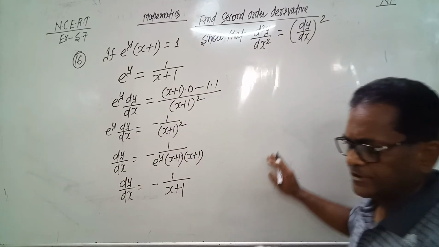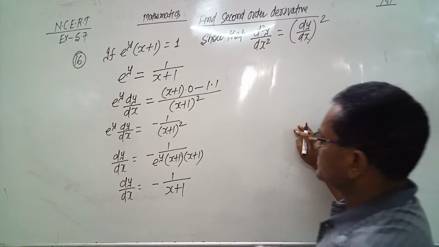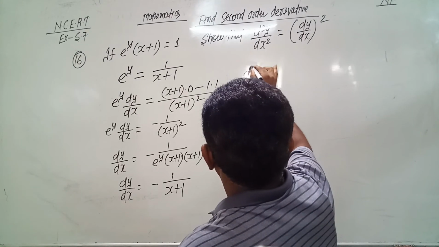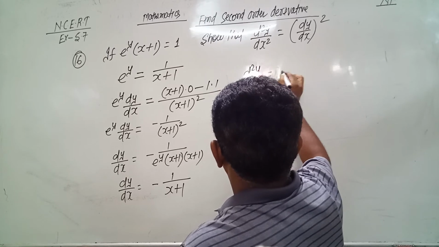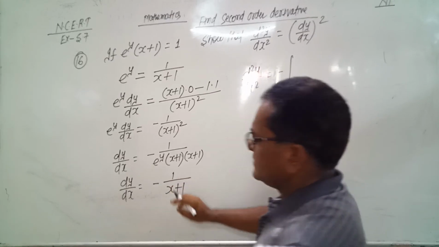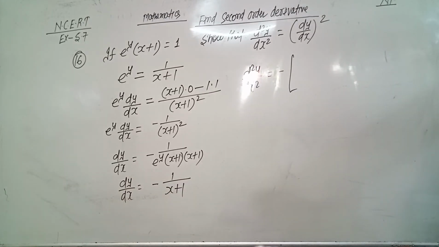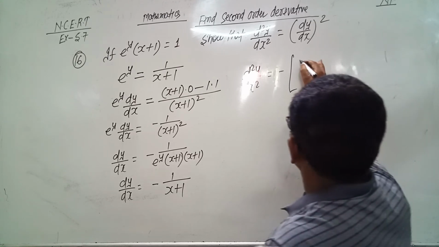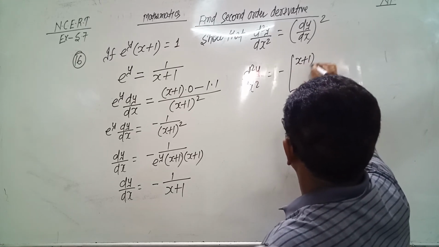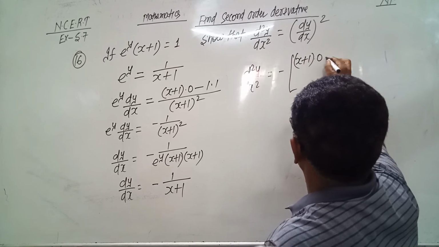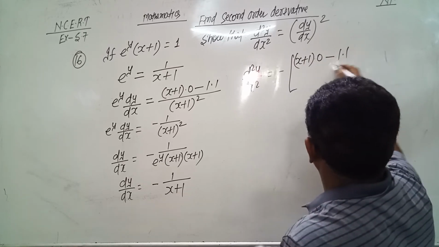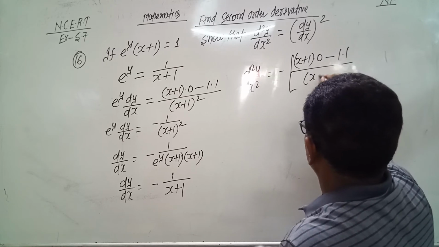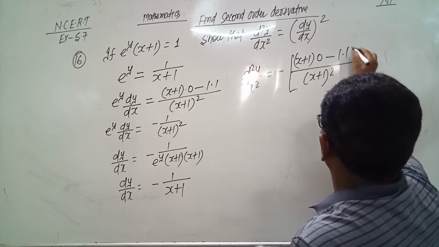Now we find the double derivative d2y by dx square. So d2y by dx square, minus as it is, will be differentiated in the form u by v. So x plus 1 as it is, differentiation of 1 is 0, minus 1 as it is, differentiation of x plus 1 is 1, upon x plus 1 the whole square.